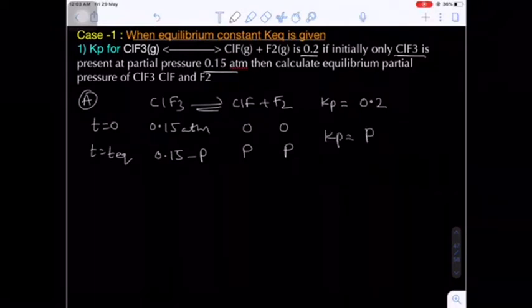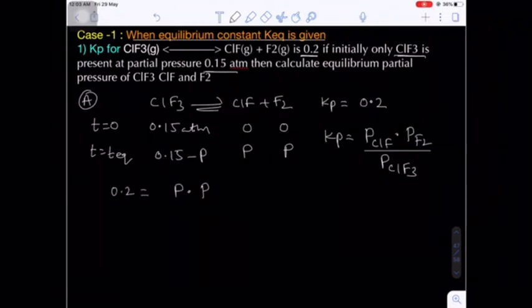Kp is equal to partial pressure of ClF multiplied by partial pressure of F2 whole divided by partial pressure of ClF3. Now 0.2 is equal to P times P whole divided by 0.15 minus P.